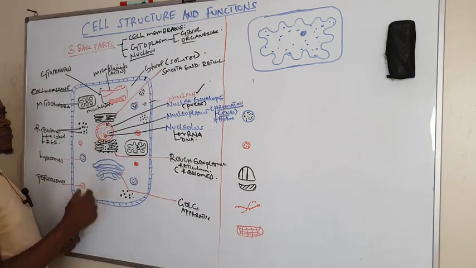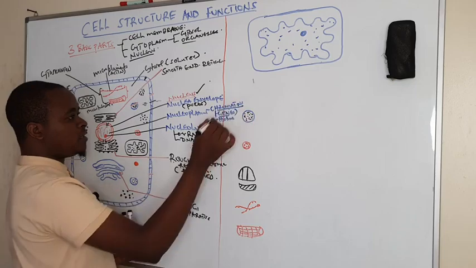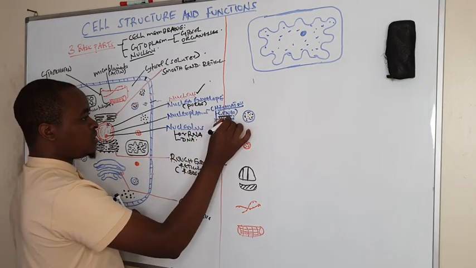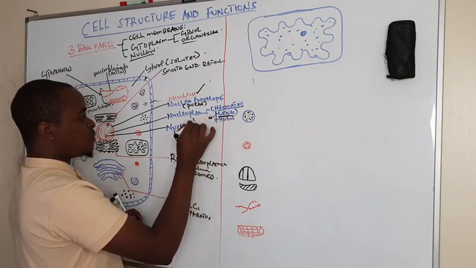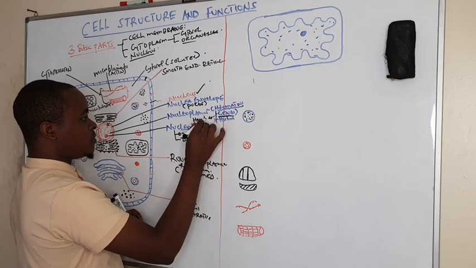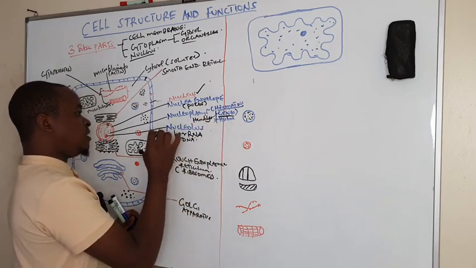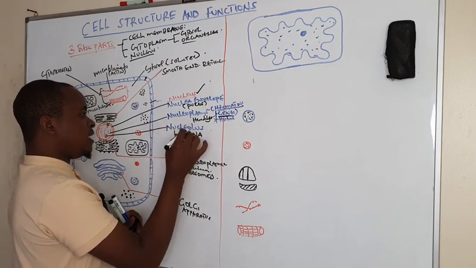And then the nucleoplasm, we have said it contains chromatin, and this chromatin contains genes, and genes are responsible for heredity. And also we have said it contains the DNA.